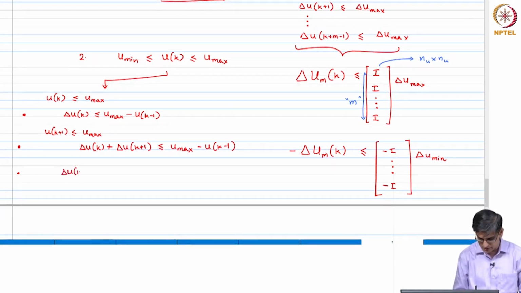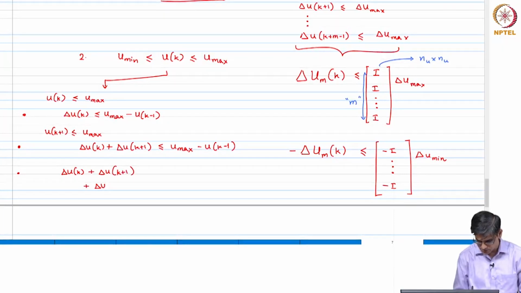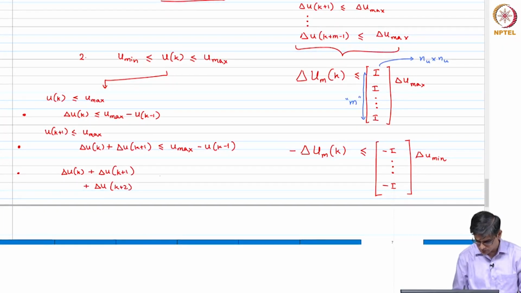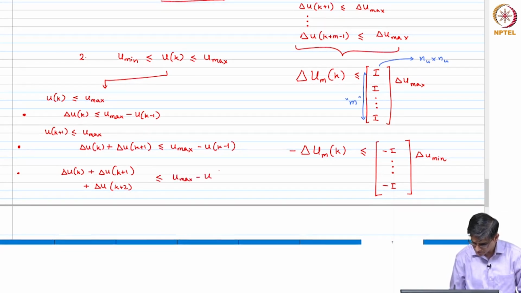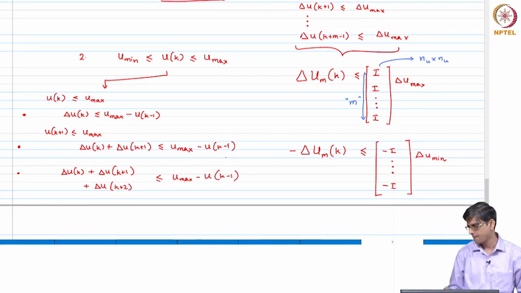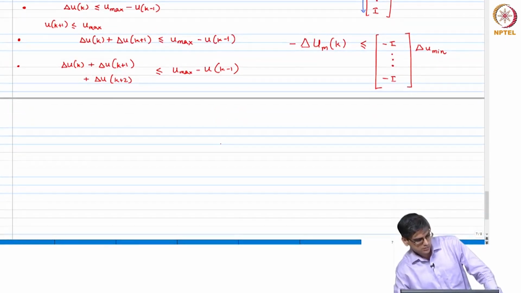You have uk plus delta u k plus 1 plus and so on.